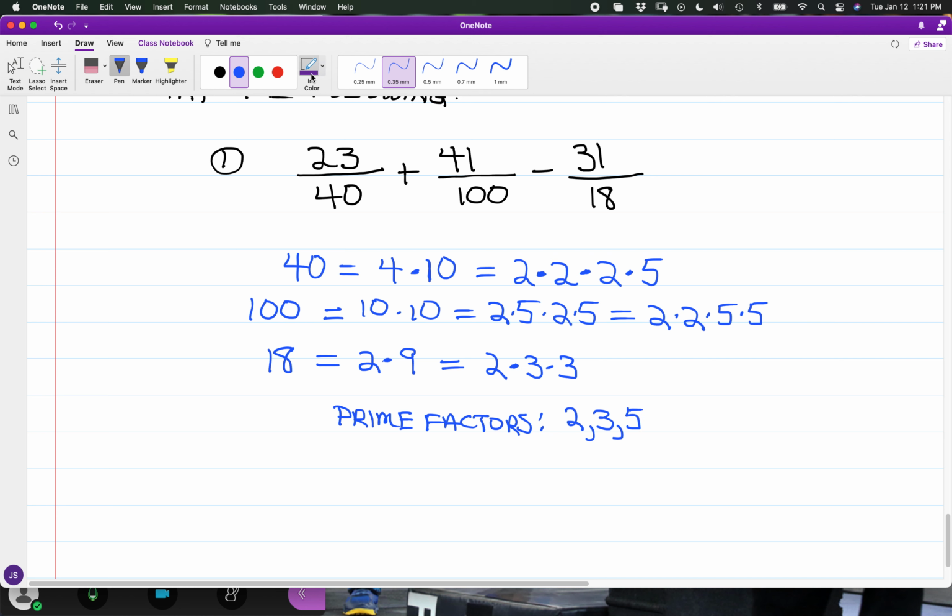And as for what we have in the case of the least common denominator, with the number 2, you'll be looking at the highest representation from any one of these factorizations. Notice 2 appears once from 18. It appears twice from 100. But the kingmaker is going to come from 40 since 2 appears 3 times.